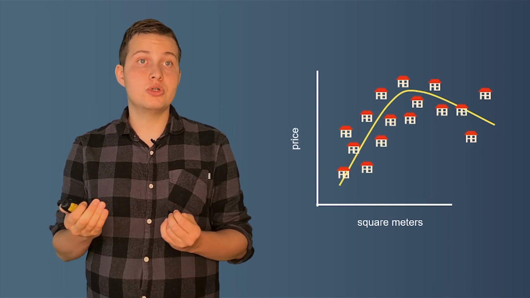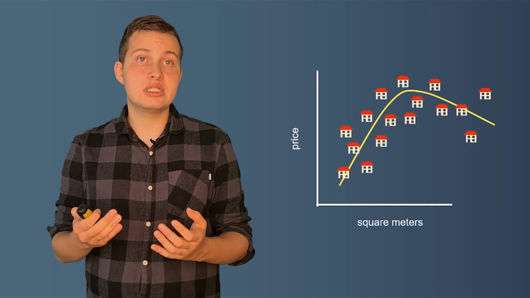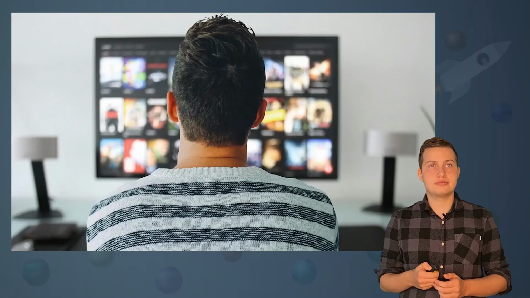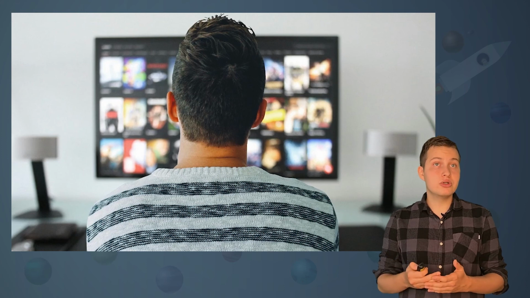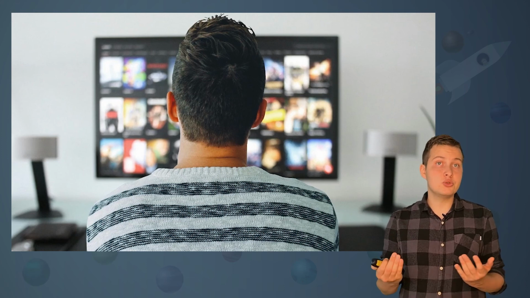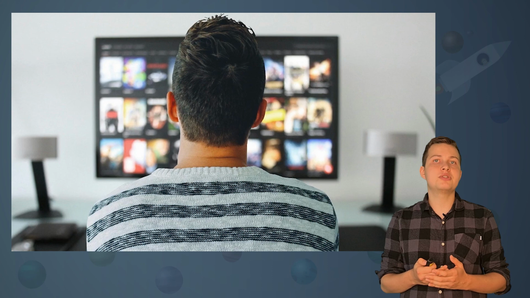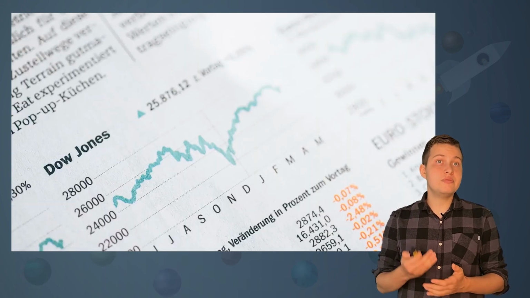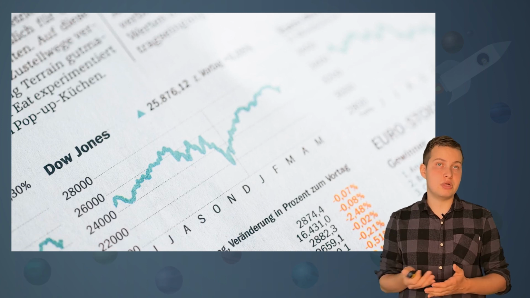With this, once more, we have a lot more dimensions, but get way better predictions. Furthermore, regression can be used to predict whether a user will cancel his subscription for a streaming service, or even to try and predict developments on the stock market.